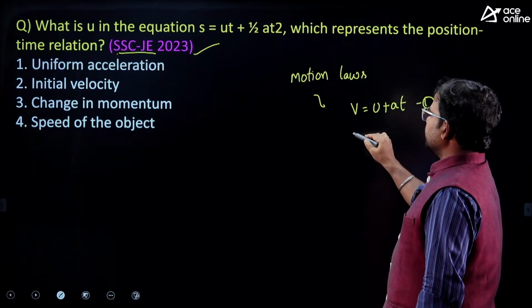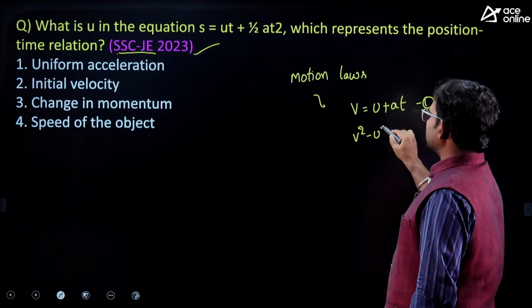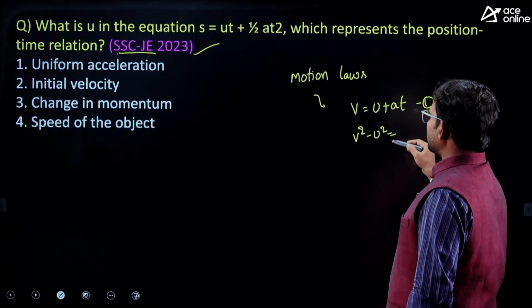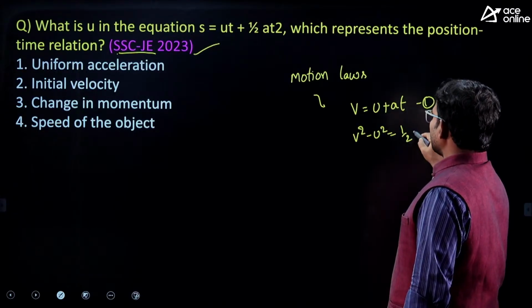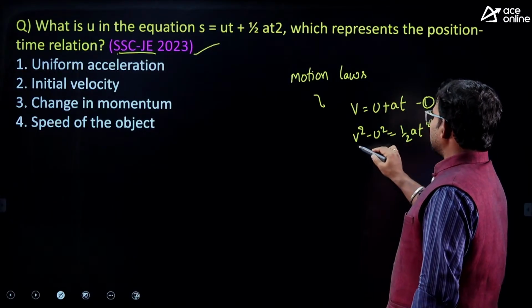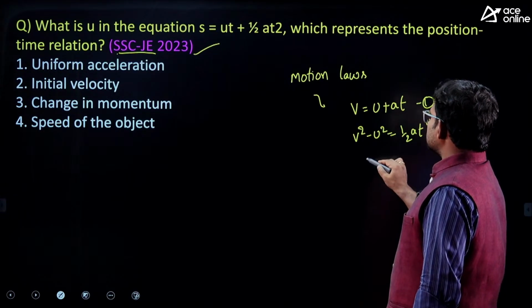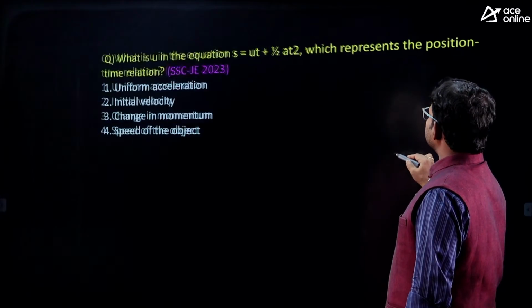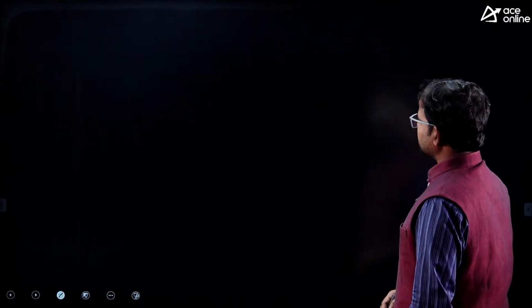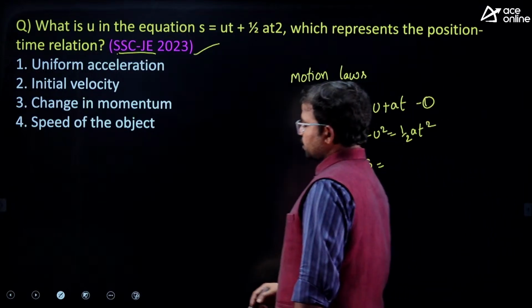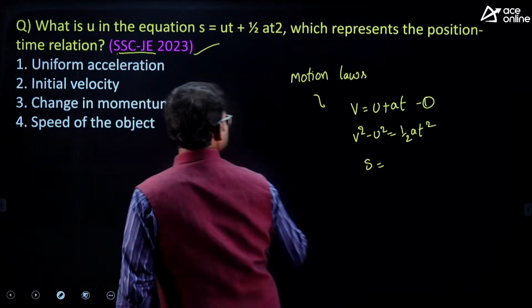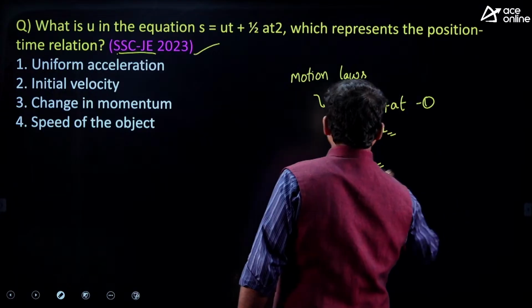The second one is V square minus U square is equal to 2AS.